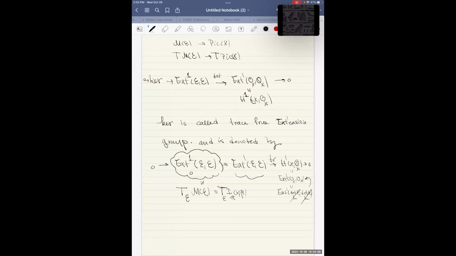As a tangent space, it's just like that. Okay?